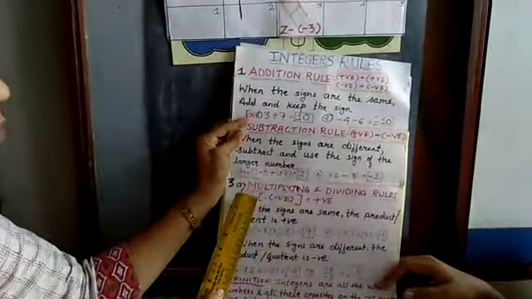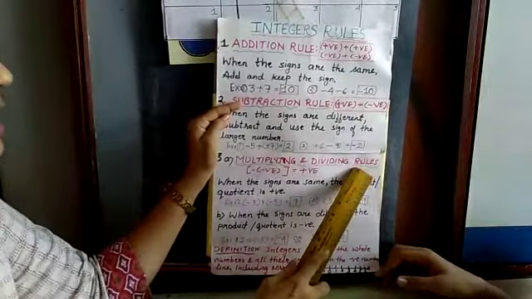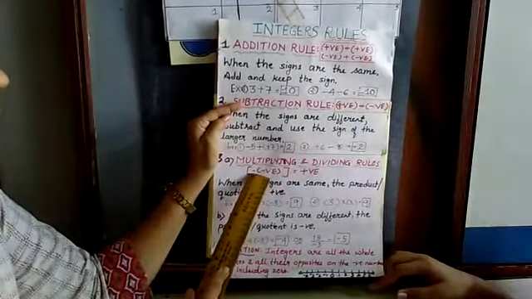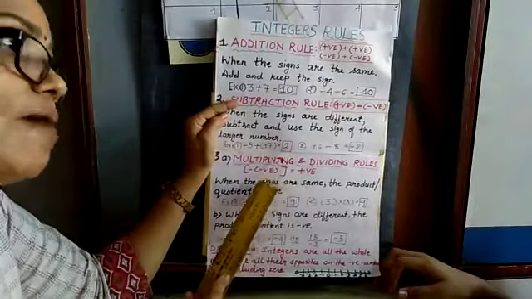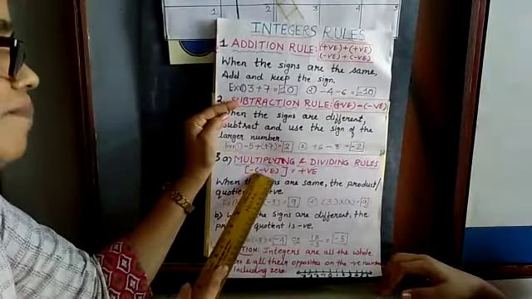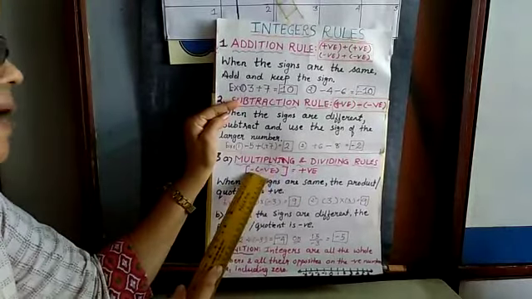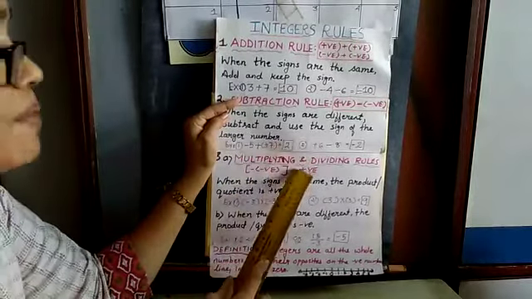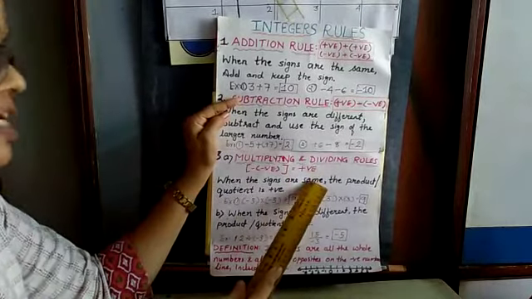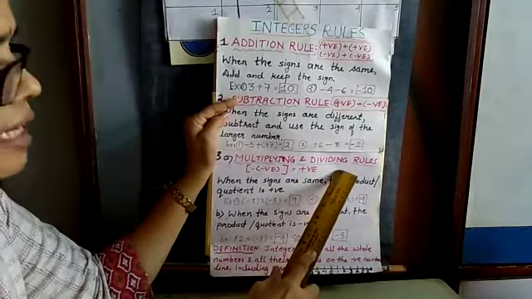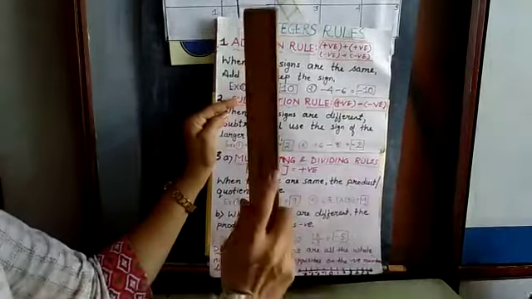Now the third and fourth are combined, that is the multiplication and division rules. How? Now here, see, minus bracket means into, and into means multiplication. So outside the bracket minus, inside the bracket minus, that is minus of minus, becomes a positive number in multiplication and division. Suppose it is minus upon minus any number, that also becomes a positive number.